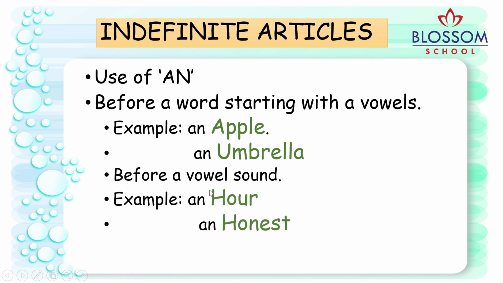For example, an hour, an honest. Here, when we pronounce the word, we get the sound of a vowel. Although these start with a consonant, we use the article An.